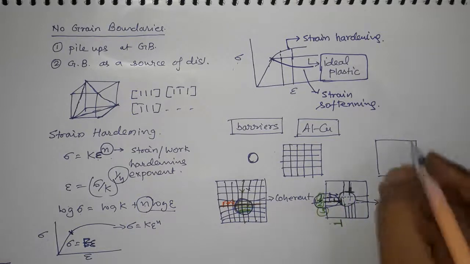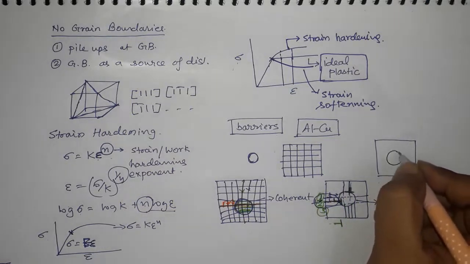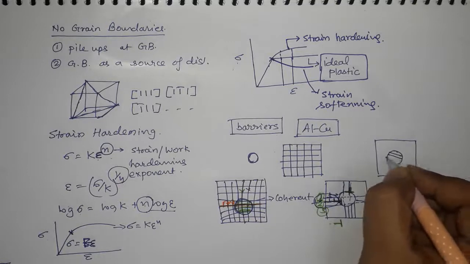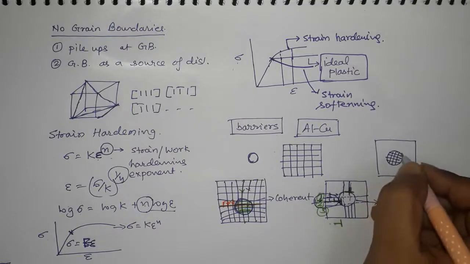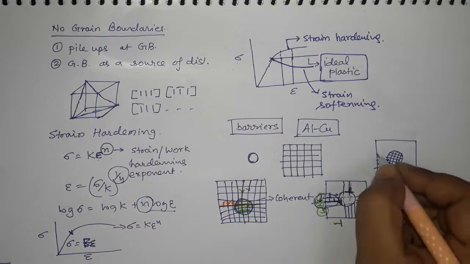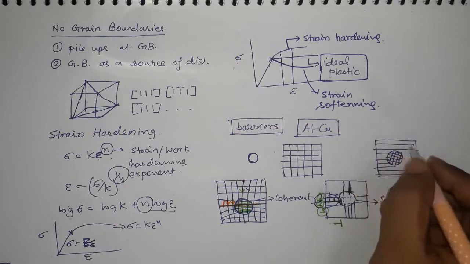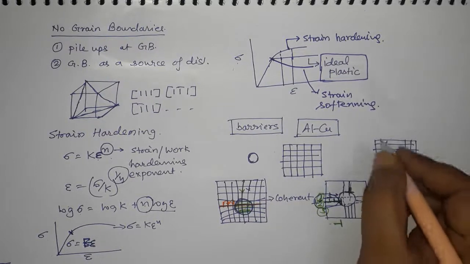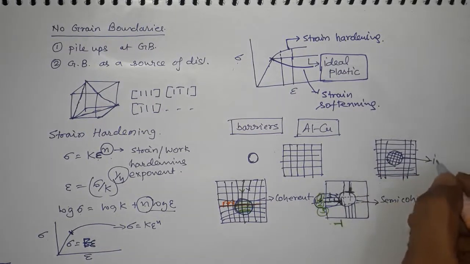And then in the final form of precipitate we'll have copper having a completely different lattice with no matching at all whatsoever with the matrix of aluminum. Okay, so this will be an incoherent precipitate.